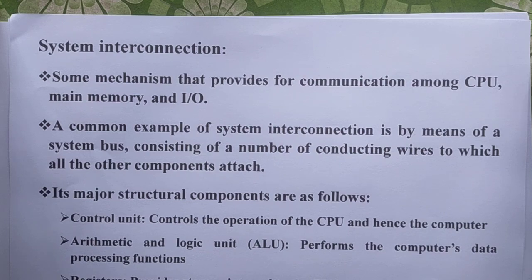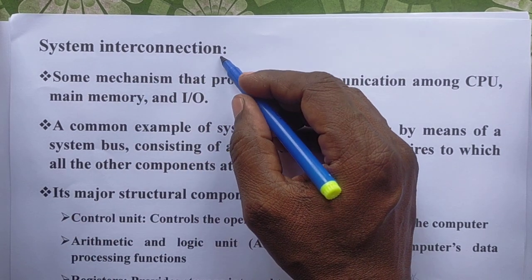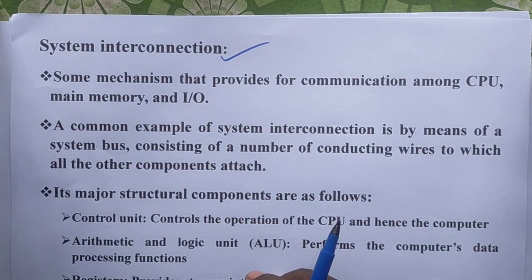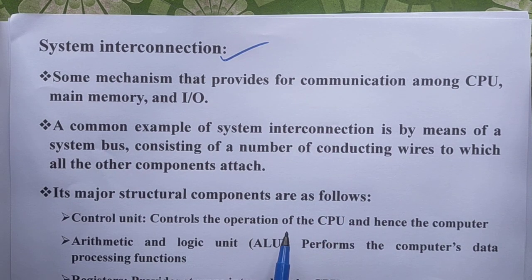Another part of the structure is system interconnection. This is some mechanism that provides communication among the CPU, main memory and IO, because through common lines or other means, some communication links should be maintained.